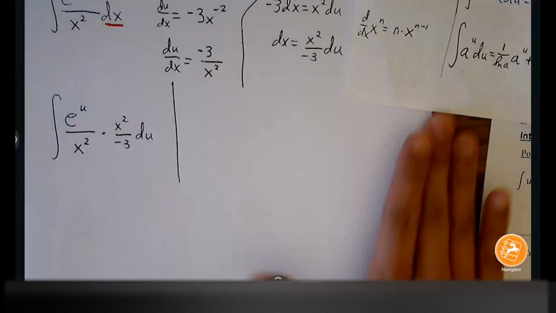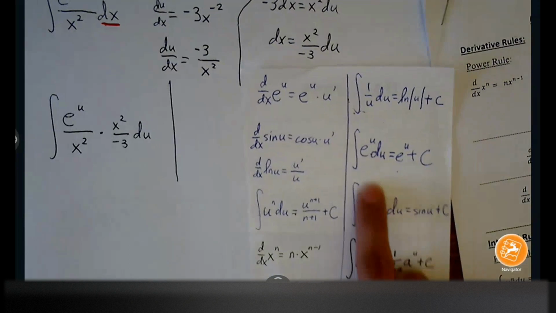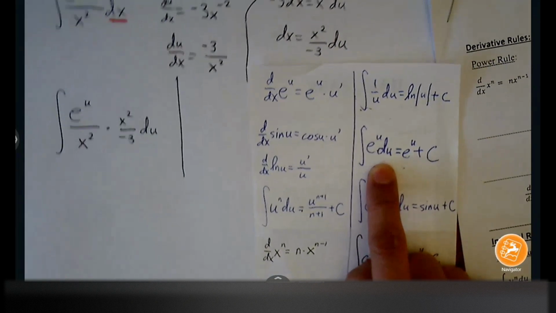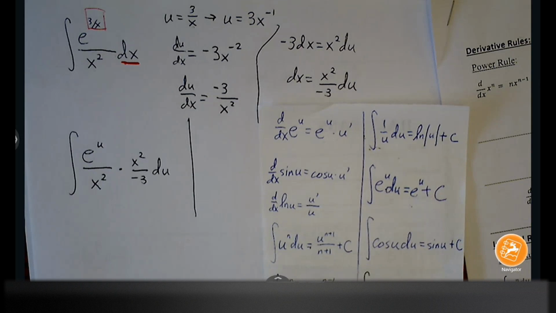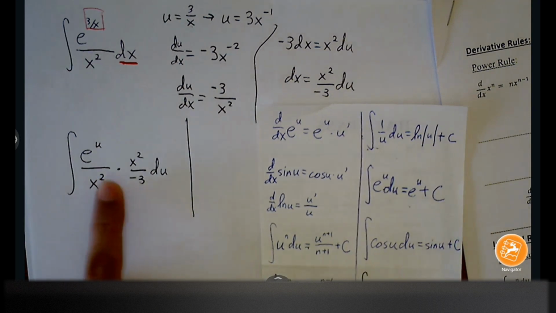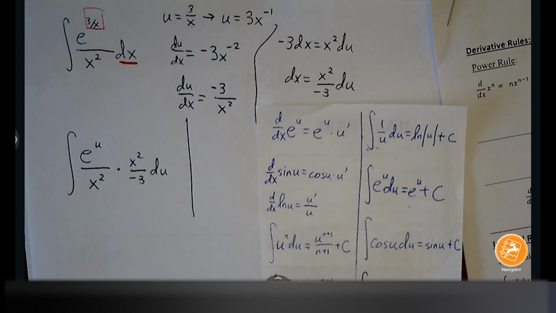All right, what do you guys see here? Can we work towards this rule? What would you do next to clean this up? Cross out the x squares.